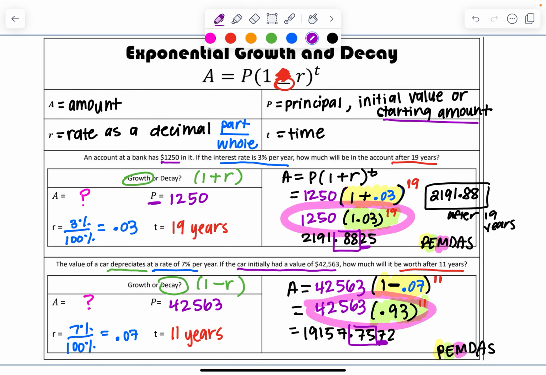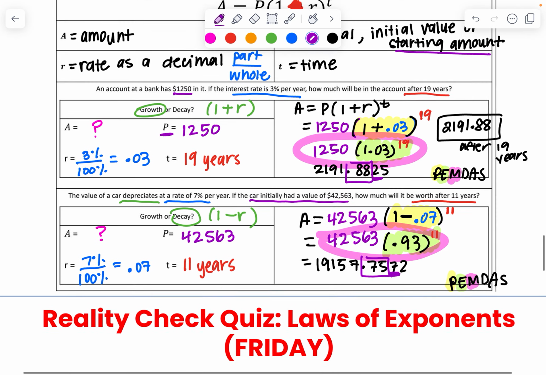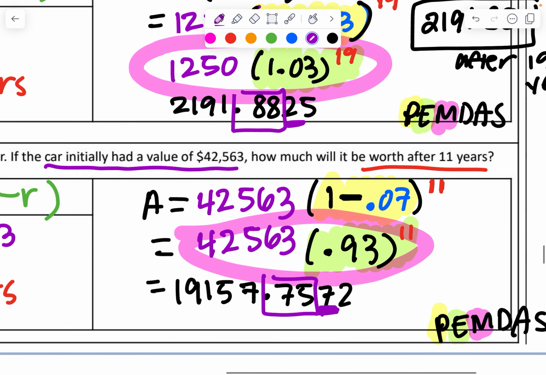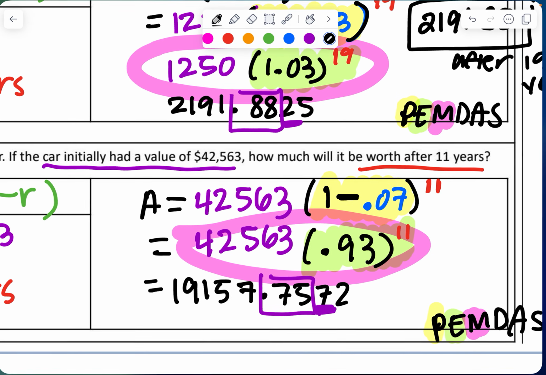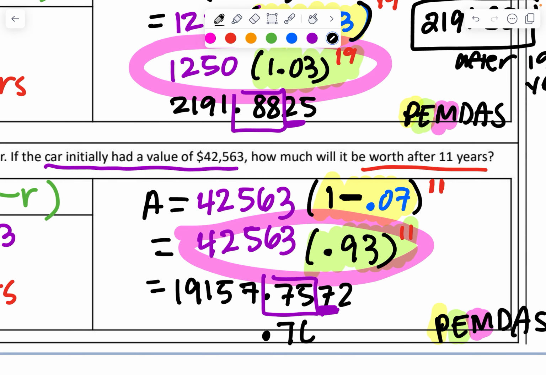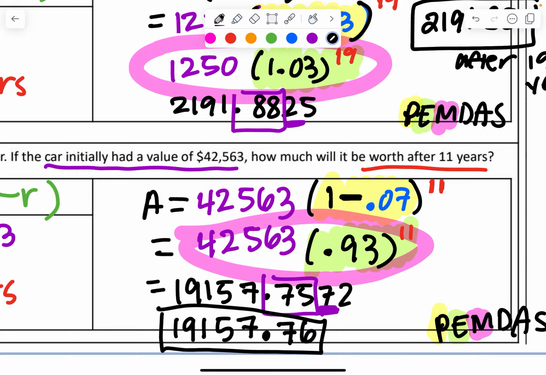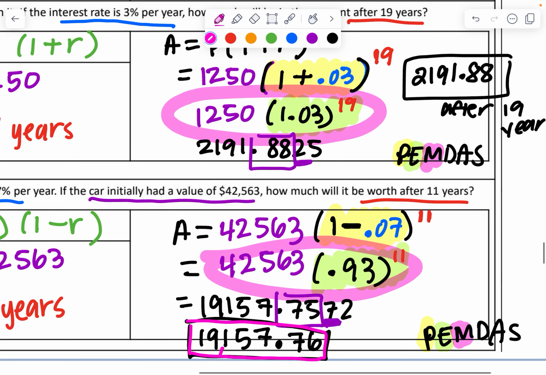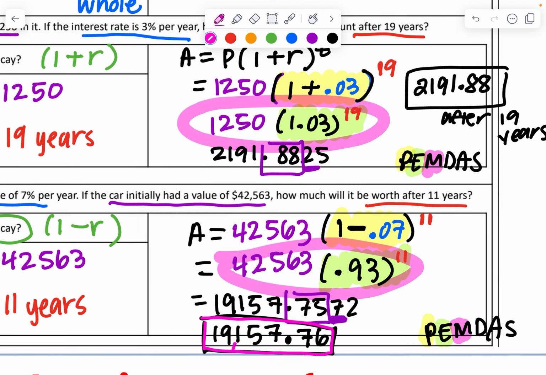Since the third number is 7, if it's 5 or higher, you round the number in the box up, so 75 goes up to 76 cents. So 19,157.76 is our final answer, the value of the car after 11 years.